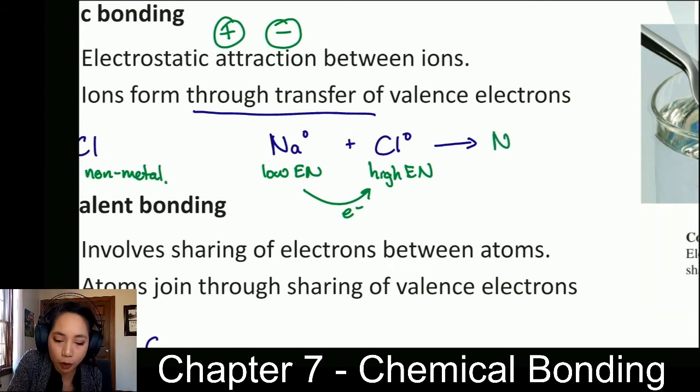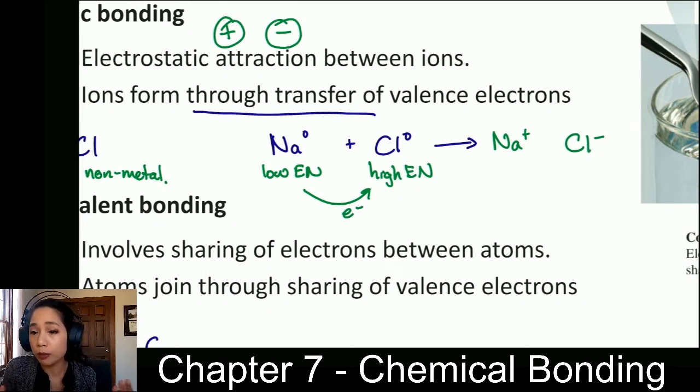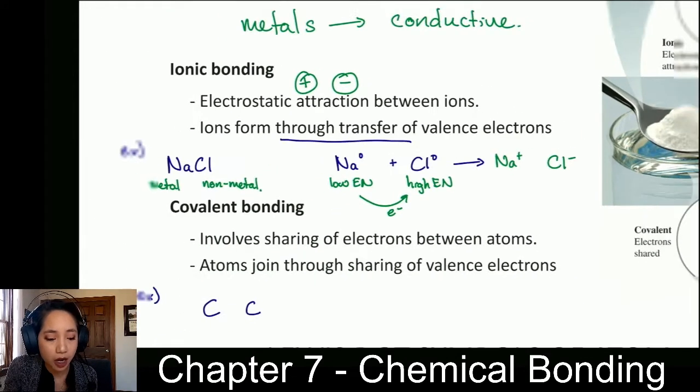Then we can form a sodium cation and a chloride anion to form an ionic bond. And so the big point here with ionic bonding is that in order for an ionic bond to occur, you need a large difference in electronegativities of the two atoms involved in bonding. And that is what pushes that electron transfer of valence electrons for those ions to form.